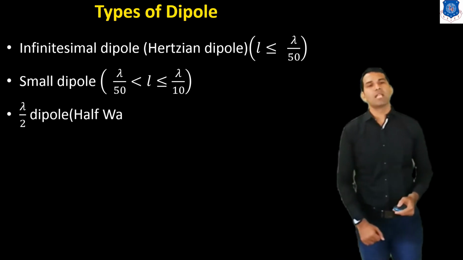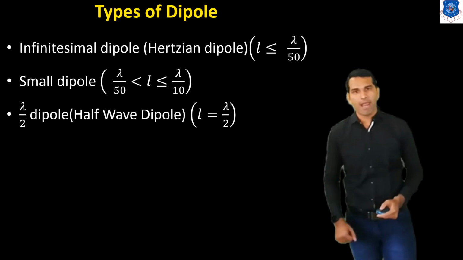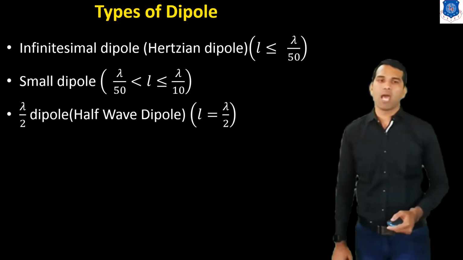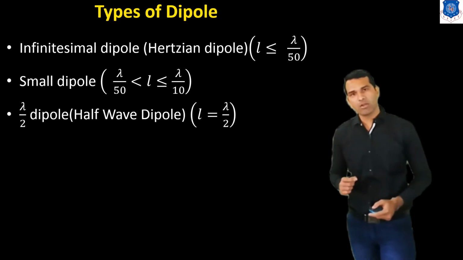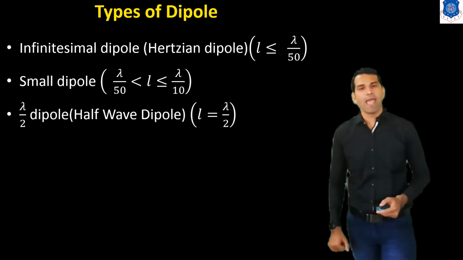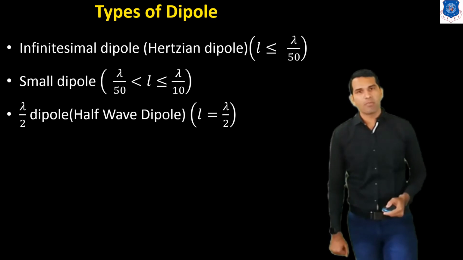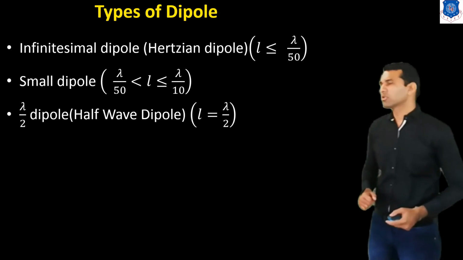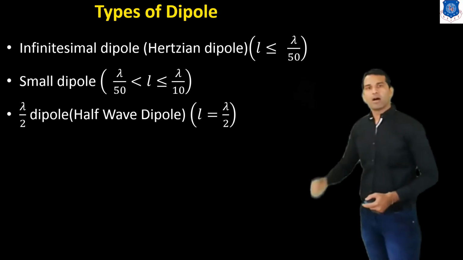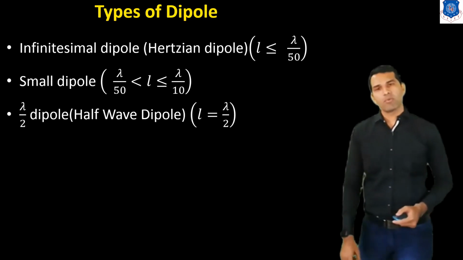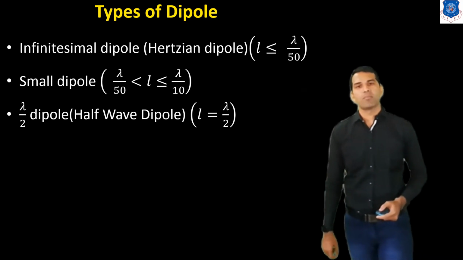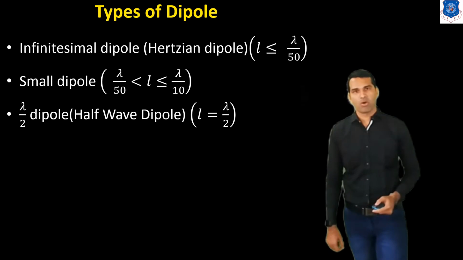And the last one is the lambda by 2 dipole antenna, also known as the half wave dipole antenna, and the length of this dipole antenna is L equals lambda by 2. So mainly the dipole antenna is divided into three categories: the Hertzian dipole antenna, small dipole antenna, and lambda by 2 dipole antenna or half wave dipole antenna.